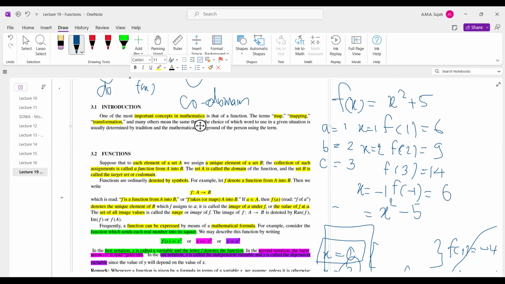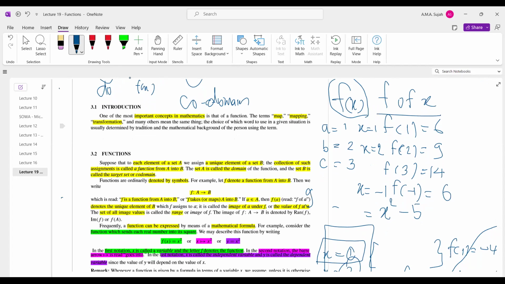So this one we can call f of x, and this one g of x. These letters we normally use to define a function. Maybe h of x or p of t. It means p of t is a function.